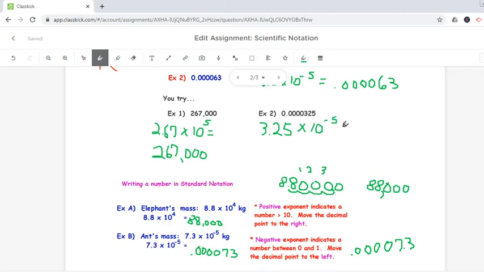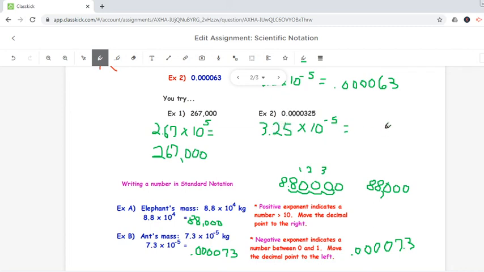Okay. And then we'll do it over again. So -5, so that means this is gonna make this smaller. So we'll do 1 and then 4 zeros to make it 5.